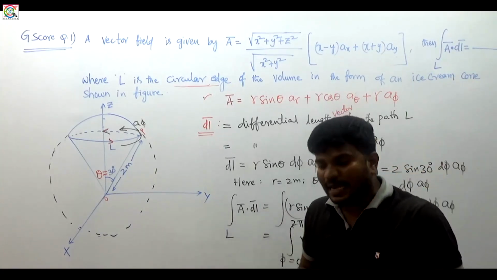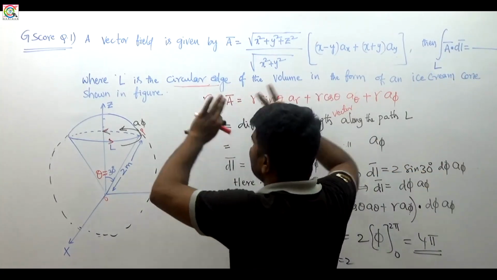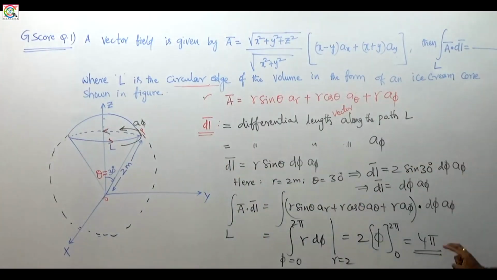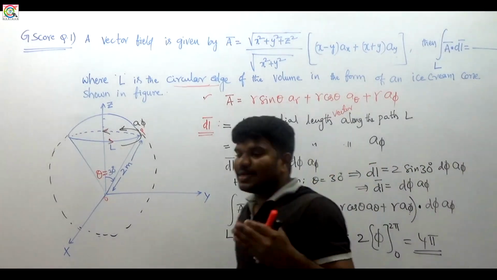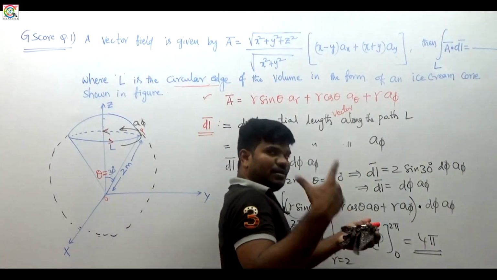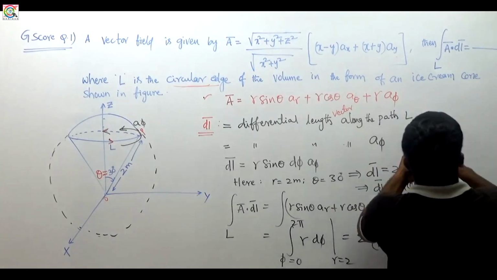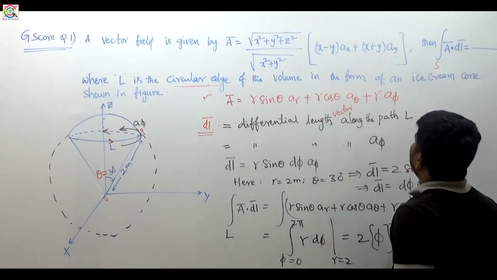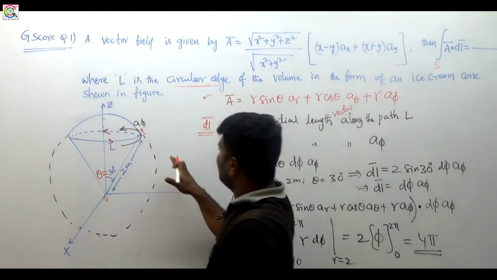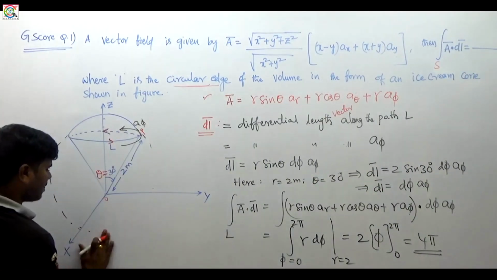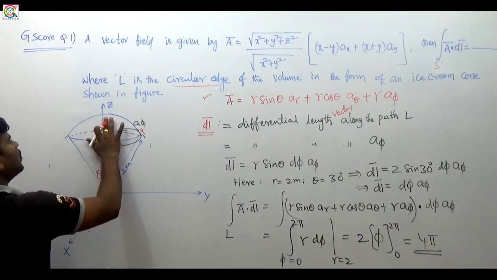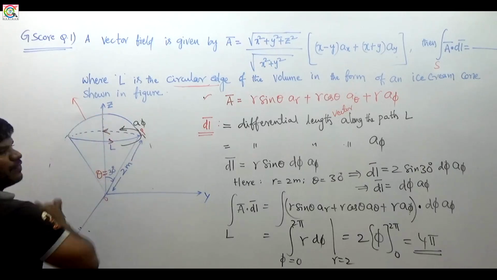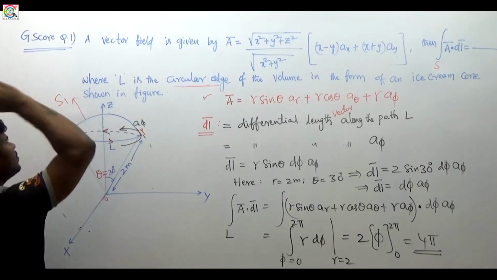This question is completed. The answer is 4 pi. Now, if I want to calculate the surface integral, just try this question. Let us suppose this is the surface S, the top surface, S1.